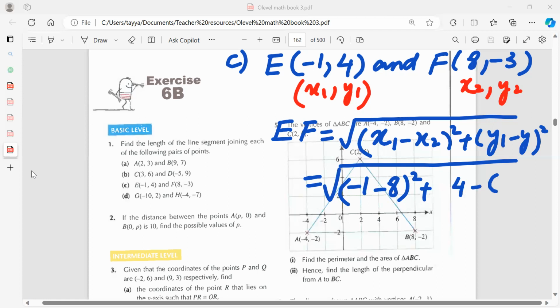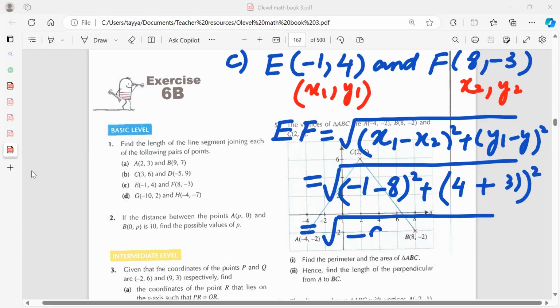So can I write it directly or write it in a bracket? Yes, you can write it directly. Okay. So it will be plus 3. Now it is 9 square, and this one is 4 plus 3, which is 7 square.